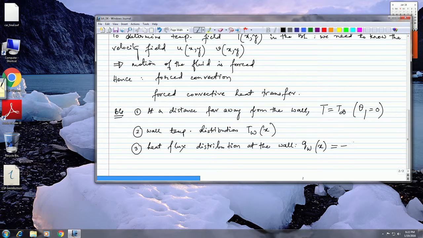Actually, I'm not sure if you're realizing this, but if you have a wall temperature distribution, then it is basically the temperature of the wall directly. But if this boundary condition is not being used, then you could also have a boundary condition like this third one here, the heat flux distribution, which is the normal component of the temperature at the wall.